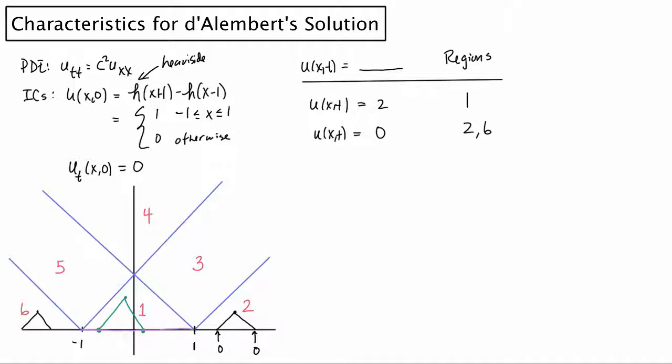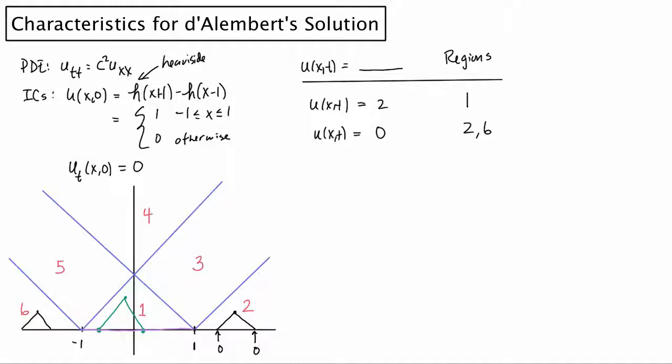The characteristics over there lie entirely off the starting disturbance. In other words, if you're in region 2 or 6, you don't feel the initial disturbance of the string at all. It's further on in time that it'll take to get to your position on the string. And how much time it takes is based on the characteristics.